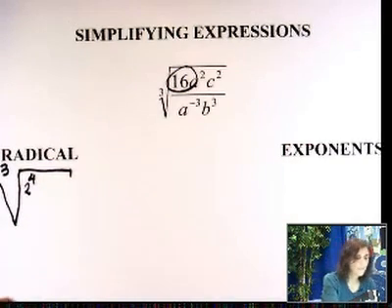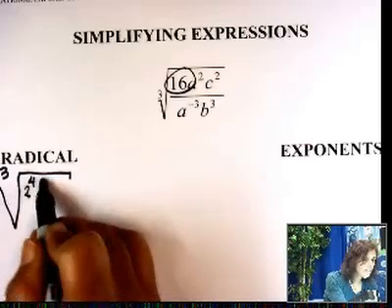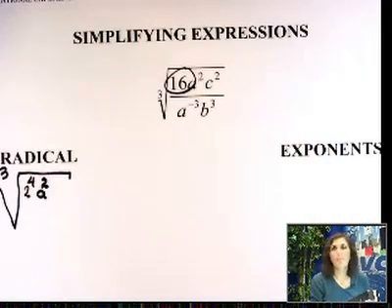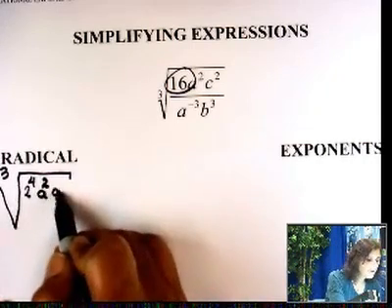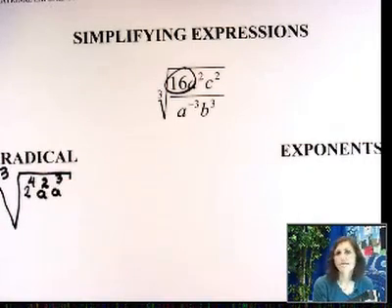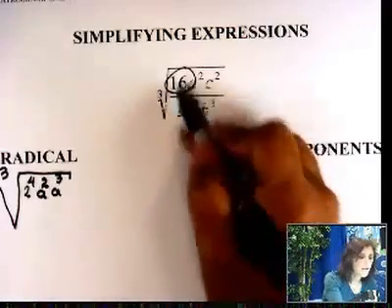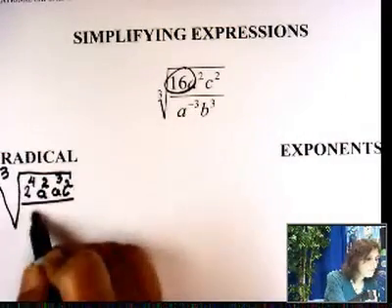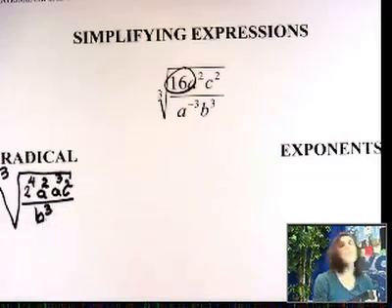I have an a squared. You know what? I'm going to also move that negative up because I have another a. Then maybe I can deal with that a to the 3rd. Okay, so I move that a up. You have c squared. And you have b cubed at the bottom.